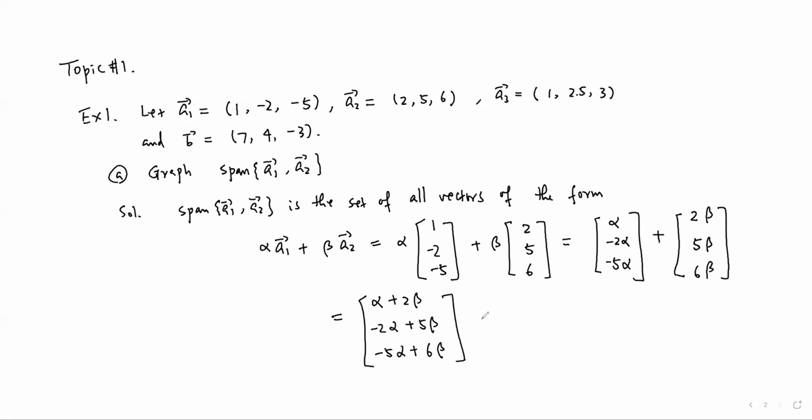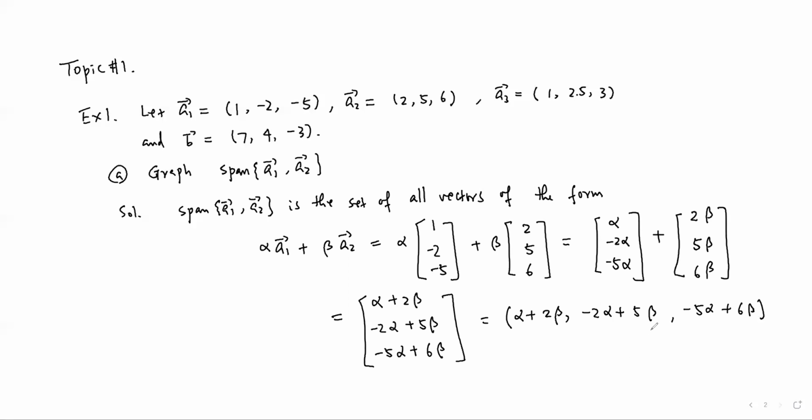A vector is a point. This is this point. X coordinate is alpha plus 2 beta, Y coordinate is this, and then Z coordinate is this number, where alpha, beta are arbitrary.